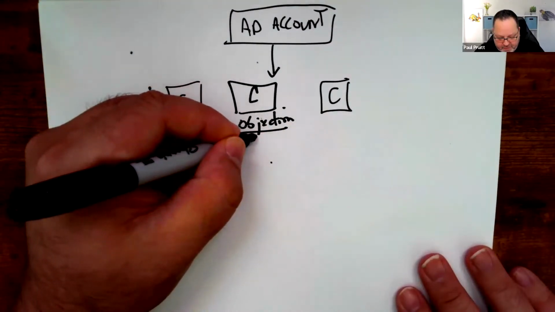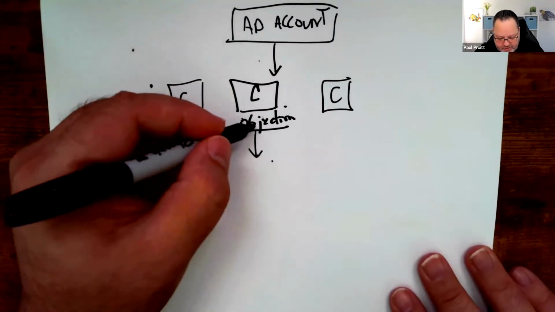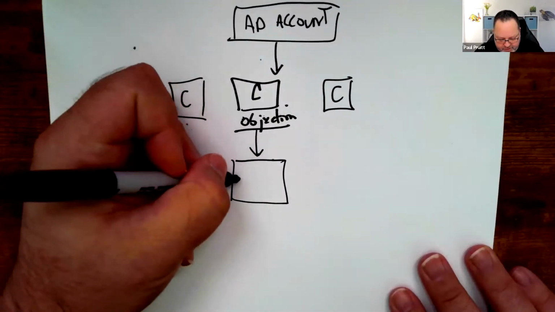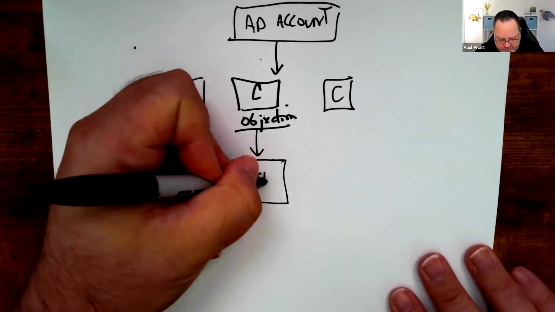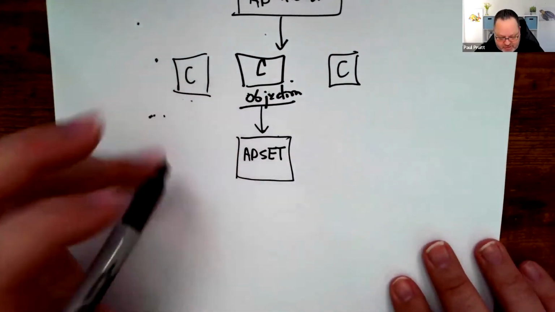Now, from that, inside of that campaign, and knowing what you want to accomplish, the next layer is an ad set. Now, there are other elements of what I'm talking about, but I'm trying to keep this simple.